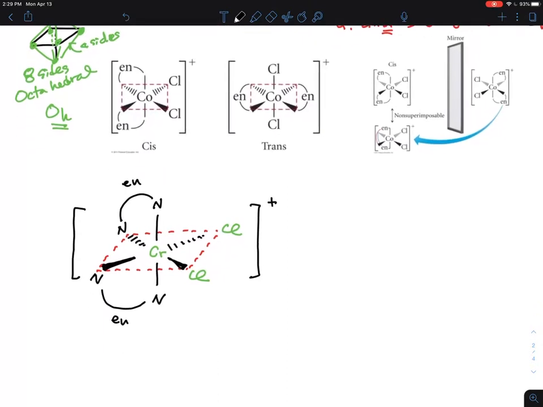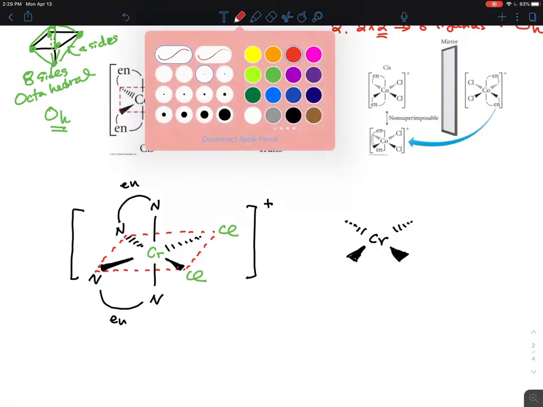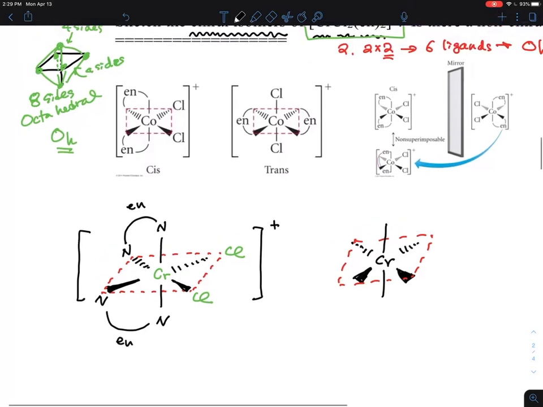The other example that you can imagine is with the chlorines. Now I'm just doing the shortcut way. Think about these as the planes. Let's do it one more time. This is more like a plane, and then there is something sticking up and something sticking down. That is the octahedral idea.